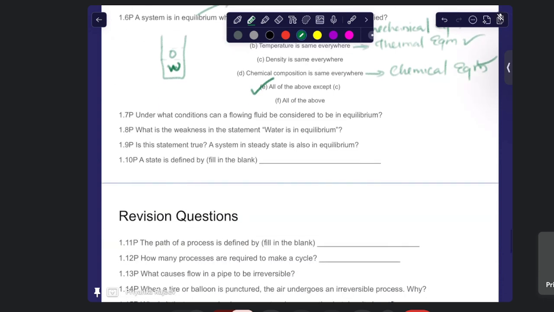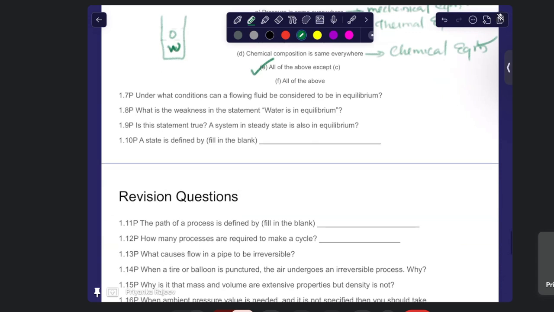Next is under what condition can a flowing fluid be considered to be in equilibrium? Okay, and this is from the fluid dynamic perspective. So we will define something like a local thermodynamic equilibrium because you cannot talk about the entire fluid because flow is happening because of pressure difference.